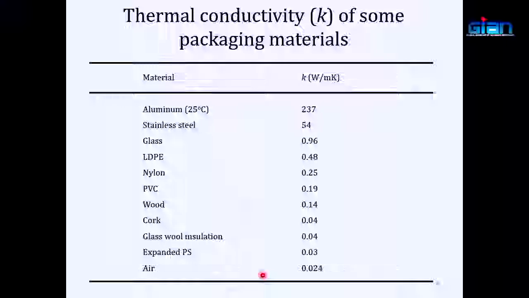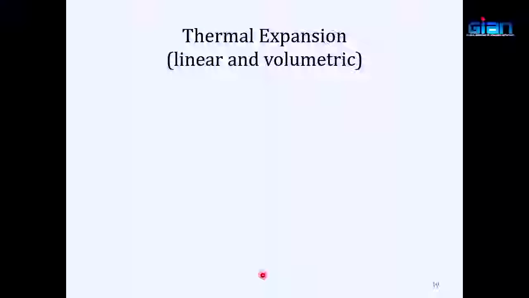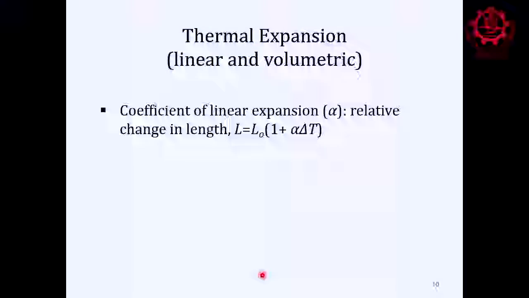Thermal expansion could be in the form of linear expansion, which is one-dimensional expansion, but you could also have volumetric expansion, which accounts for expansion in all three directions. So this is how you would define the coefficient of linear expansion.